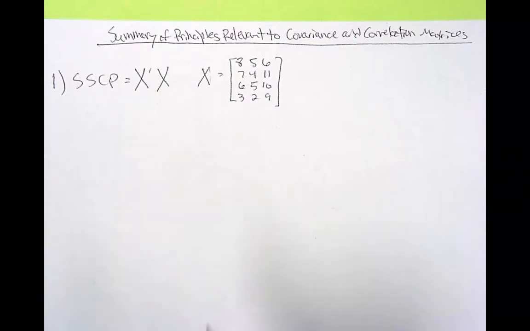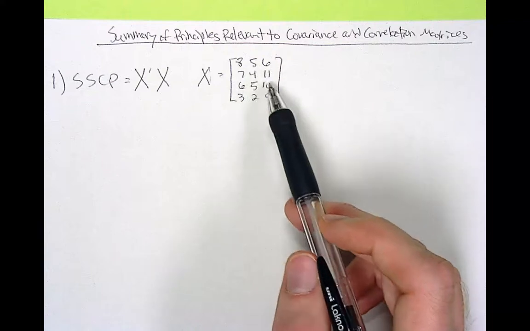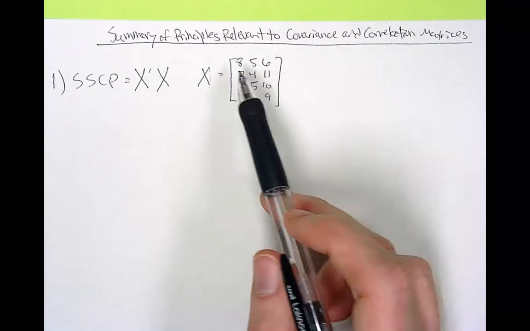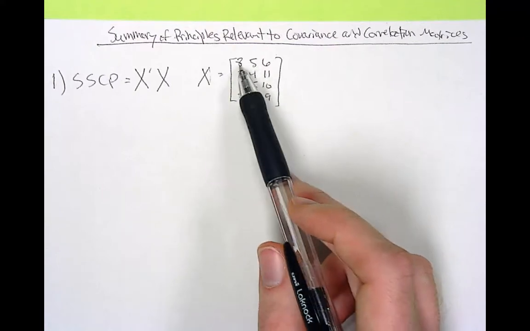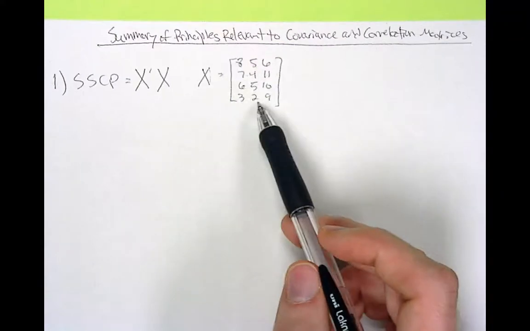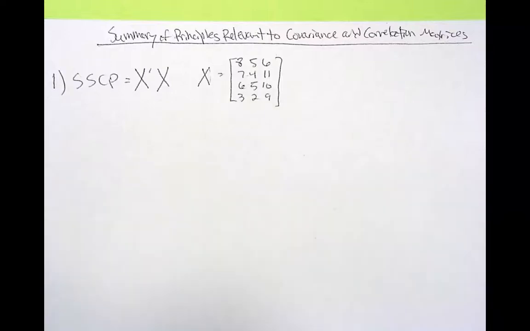And then we have variables as the columns, and as the rows we have observation units, which in this case n equals 4 because we have 4 rows. Now this is a special case of matrix multiplication. It's matrix multiplication applied to a particular kind of matrix, an observations by variables data matrix.